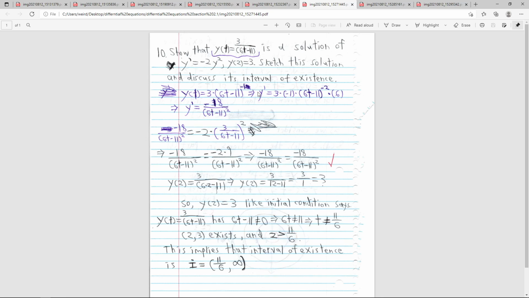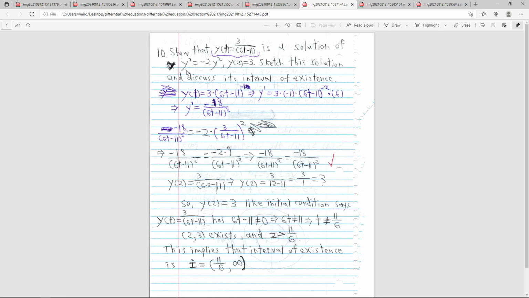It's easier to do product rules and simpler calculations. 3 is a constant, so we take the derivative of 6t minus 11. 3 times negative 1, we bring out the negative 1, multiply by 6t minus 11 to the negative second power, and multiply by the derivative of 6t minus 11, which is 6. So we get y prime equal to negative 18 divided by 6t minus 11 squared, when it's all simplified down.